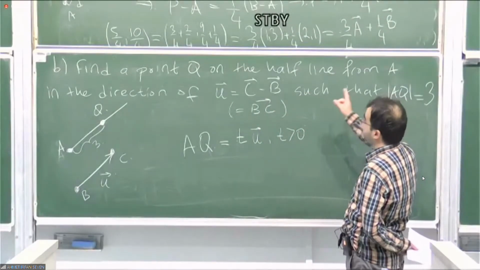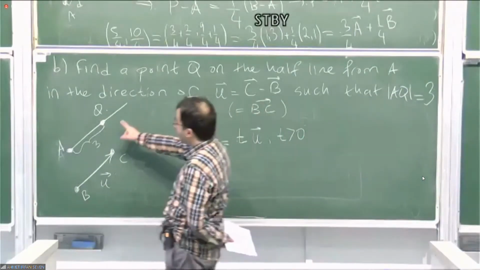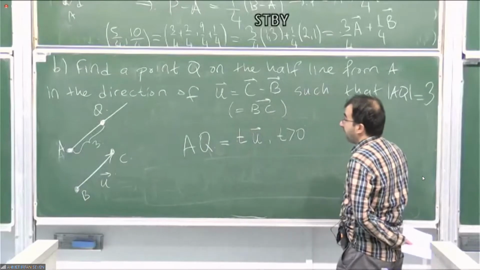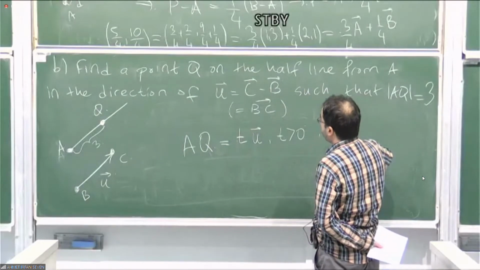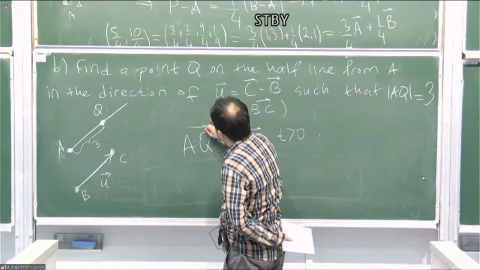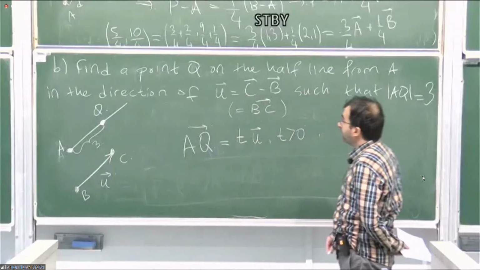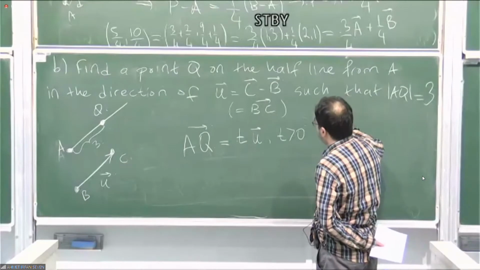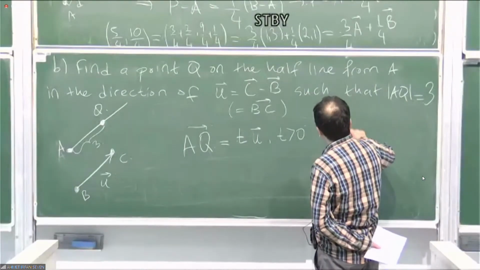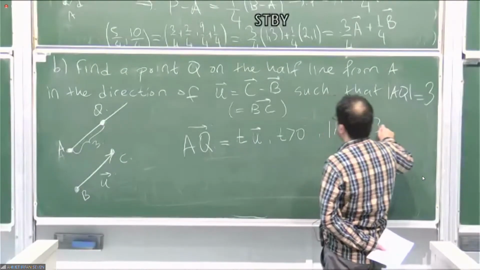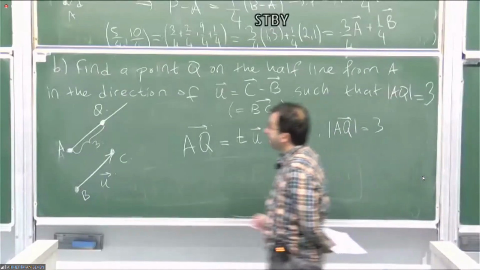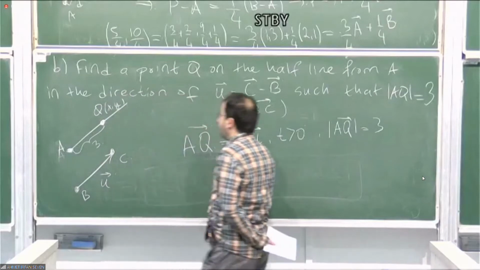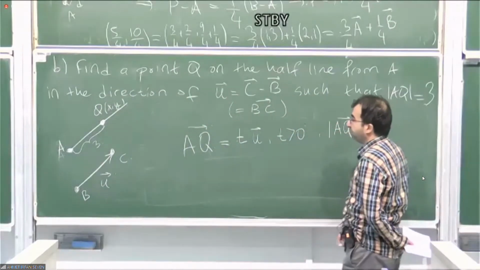It is a half line, right? So the picture must be like that in the half line, T positive. And we want the length of this vector AQ to be equal to 3. I don't know Q, so let's now write this equation for Q.